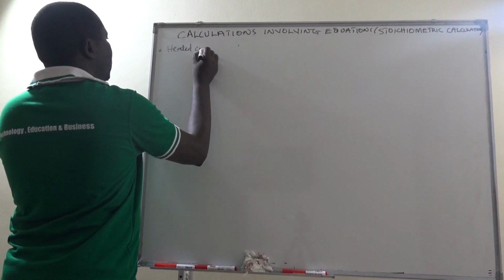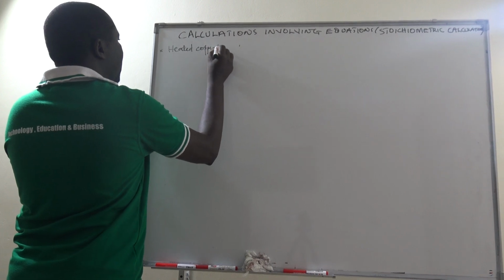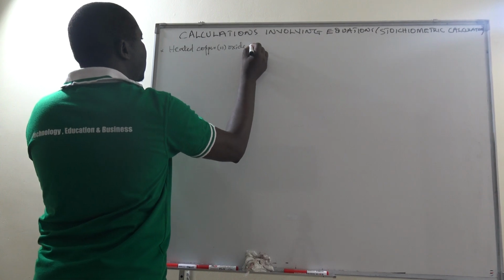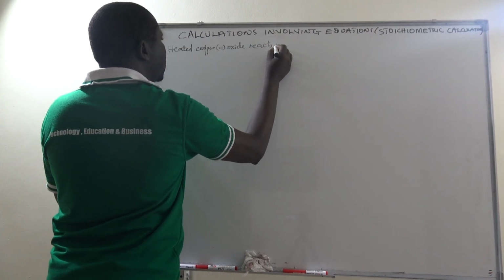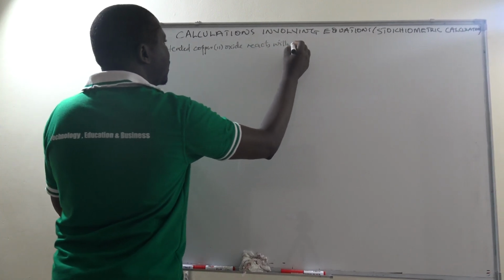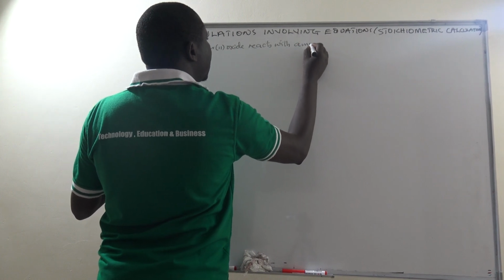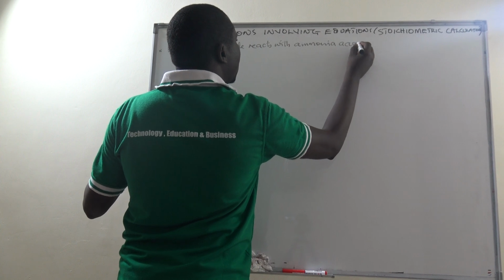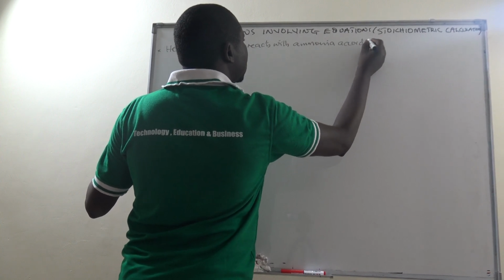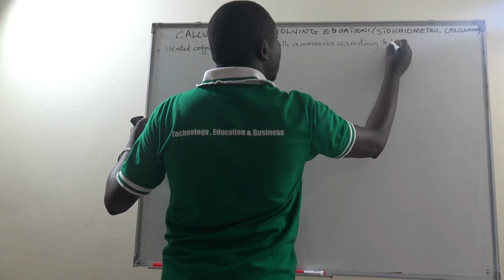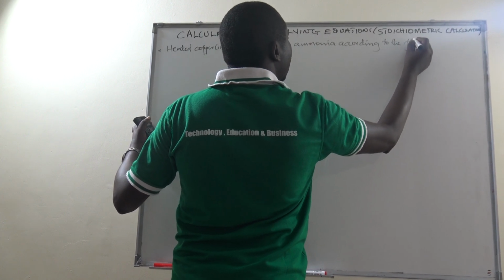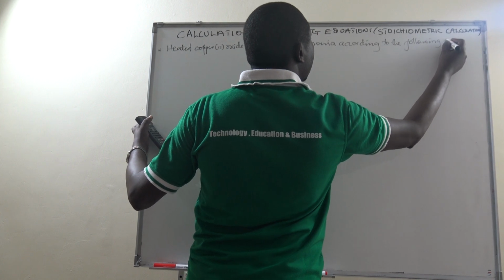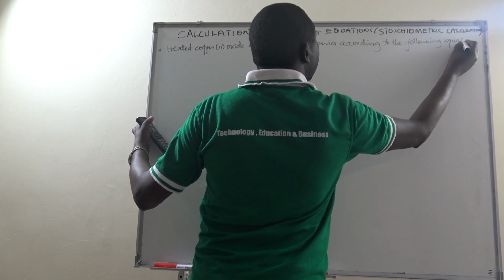Heated copper(II) oxide reacts with ammonia according to the following equation.